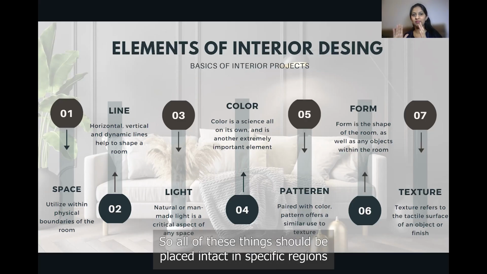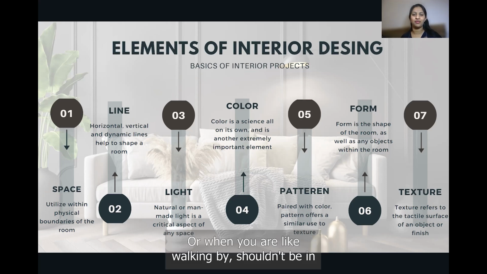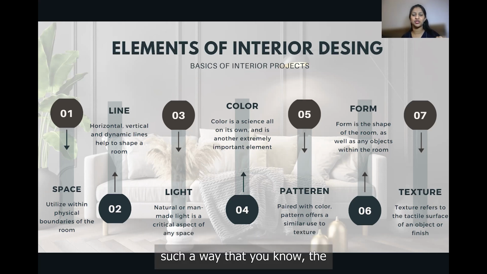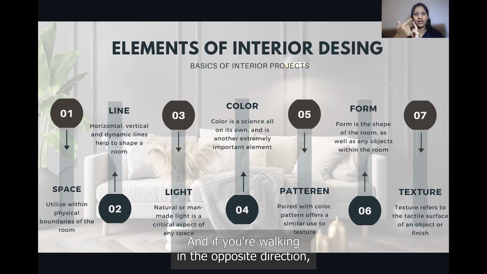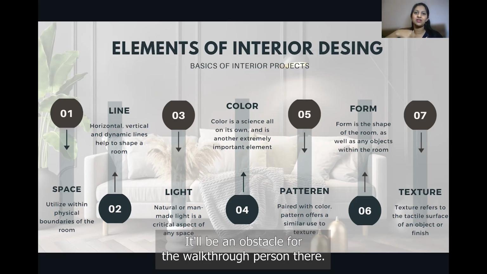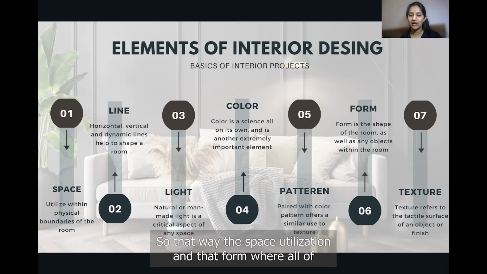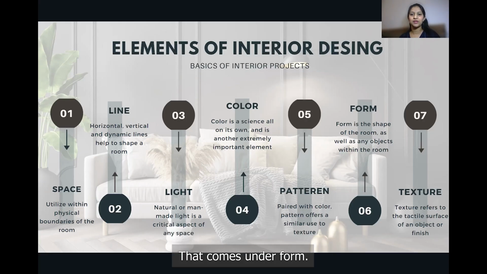All of these should be placed in specific regions where they shouldn't disturb the movement of the others. For example, when you're walking by, the opening of a door or cupboard shouldn't be such that if you're walking in the opposite direction, it disturbs you. It will be an obstacle for the person walking through. So space utilization, and where all the fixtures and furniture are put up in line, comes under form.